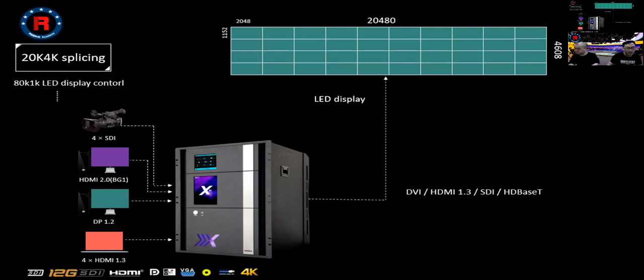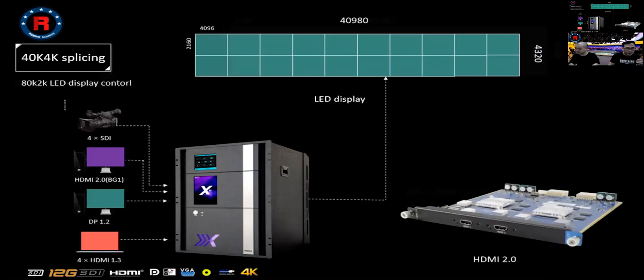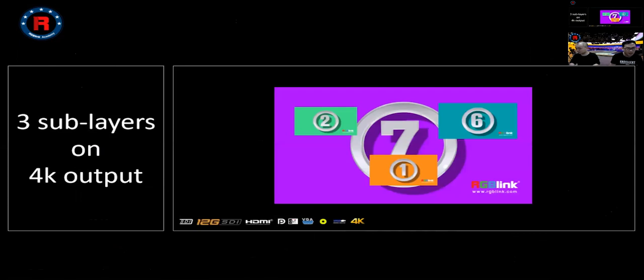Also, if you choose the HDMI 2.0 output, each output module can offer 2 outputs. So in total, you can have 20 outputs, 2 4K outputs, to do spacing up to 40K by 4K. That's just other features on the X40.